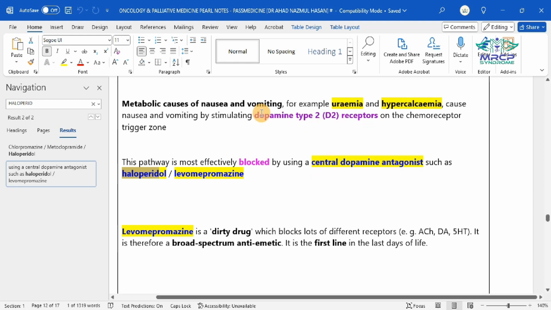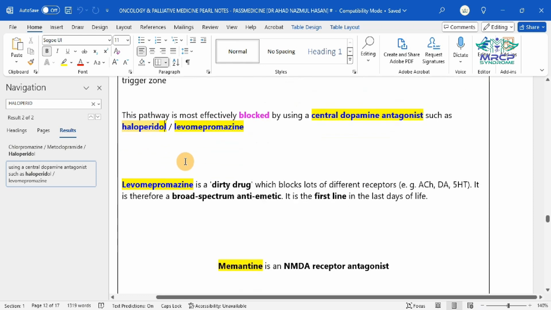So for this reason, we'll be using dopamine D2 receptor blockers, which are either haloperidol or levomepromazine. Usually, haloperidol is used as the first line. If there is no response, then we can also go for levomepromazine. And levomepromazine is more appropriate as a broad spectrum antiemetic. And this is also first line in the last days of life.